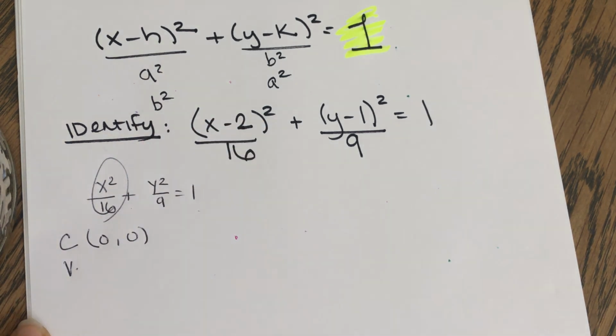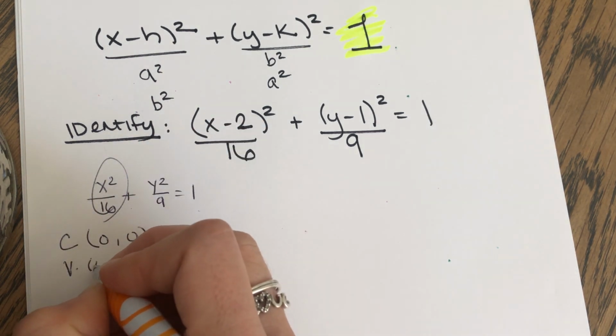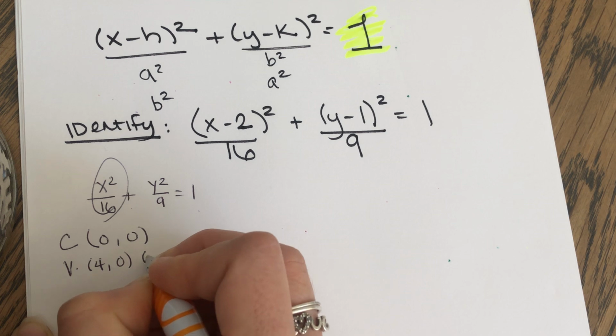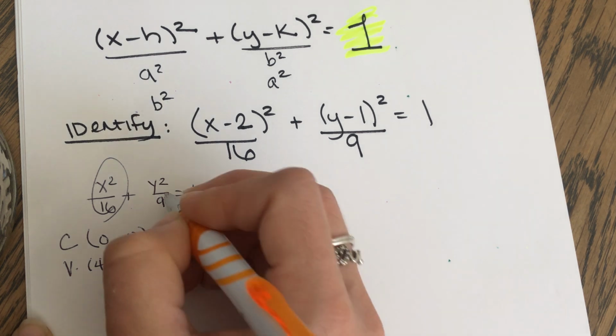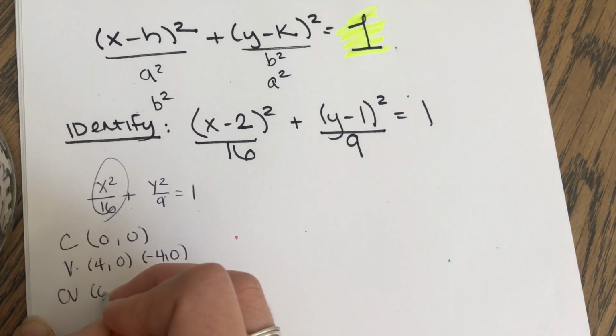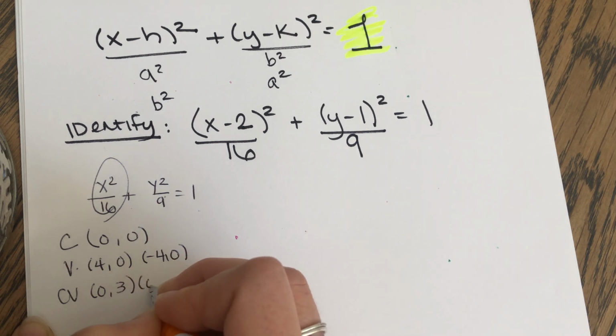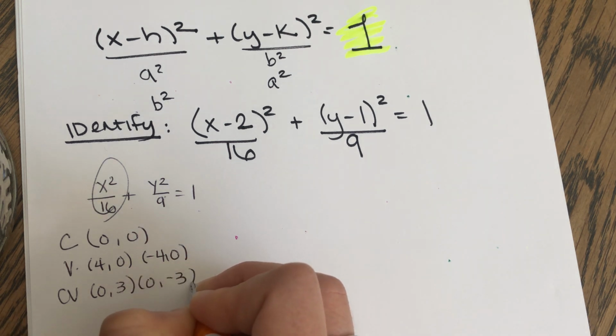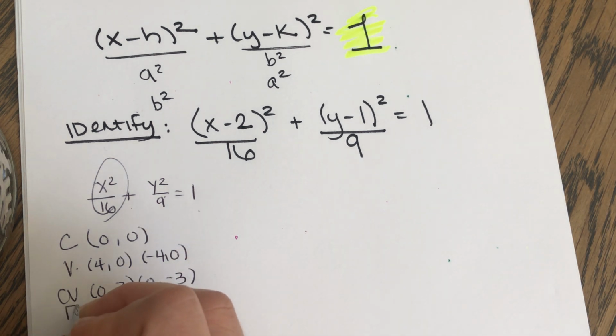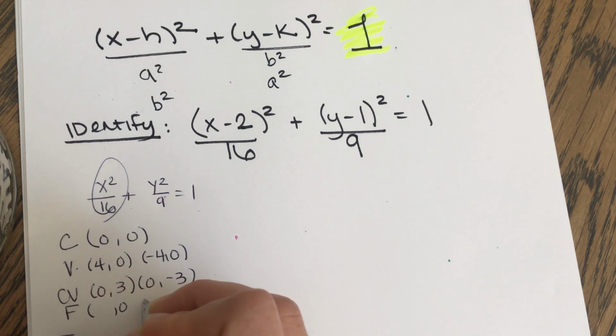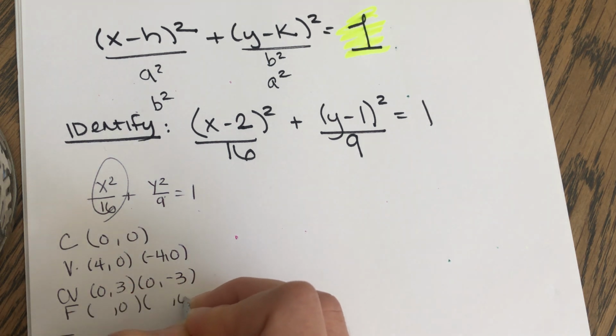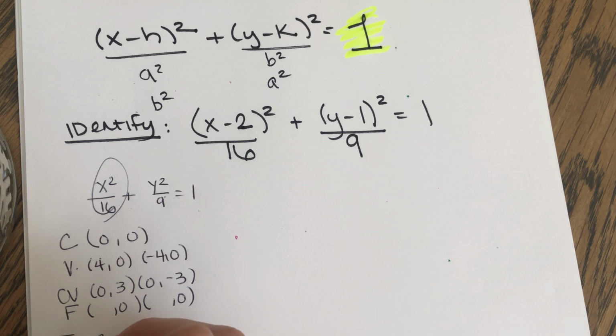Vertex, well, there you go. That's the larger number, so we know our vertices are 4, 0 and negative 4, 0. Covertices, 0, 3 and 0, negative 3. Foci, well, remember, your foci follows your vertex. C squared equals 16 minus 9.